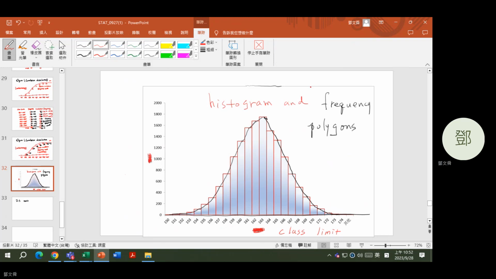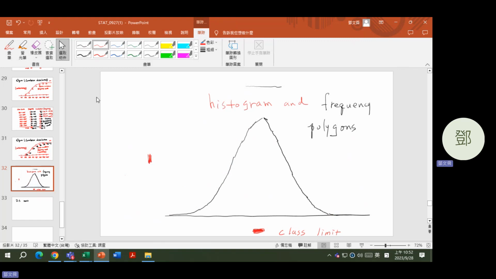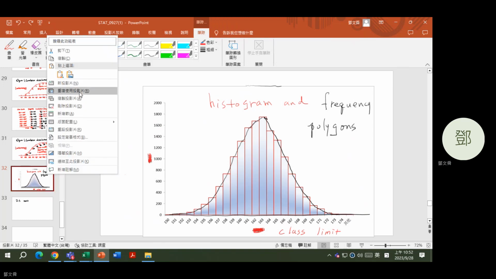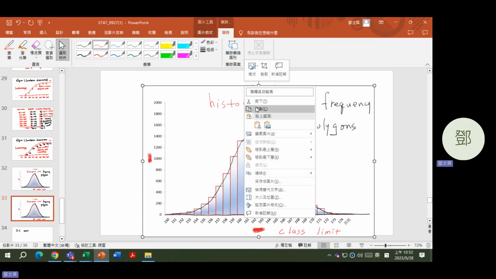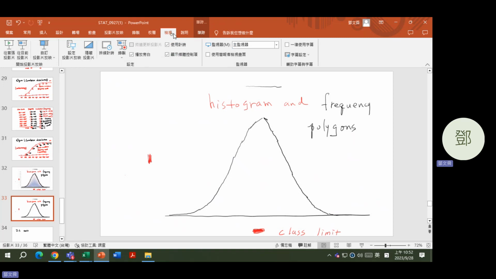Yep. And hey, what if I take the histogram off from the plot? If you take it off, then we have the frequency polygon only. Okay? We have the frequency polygon only.